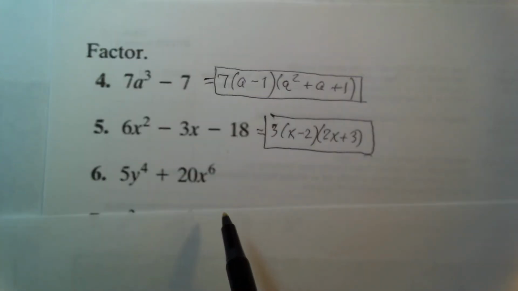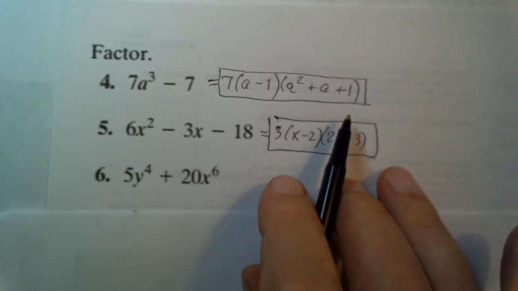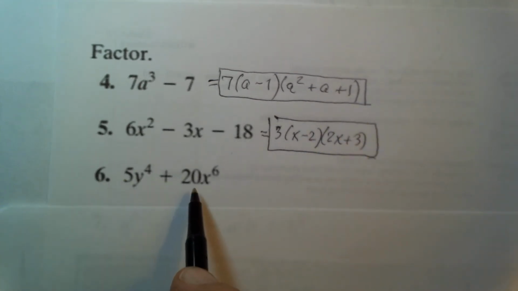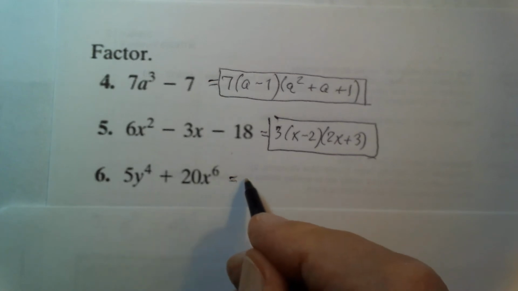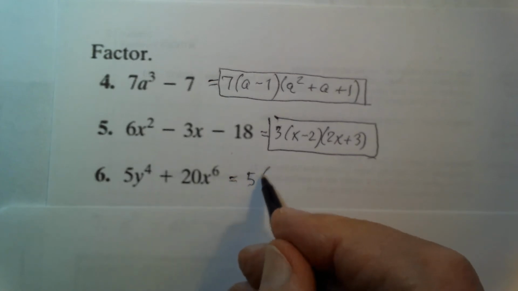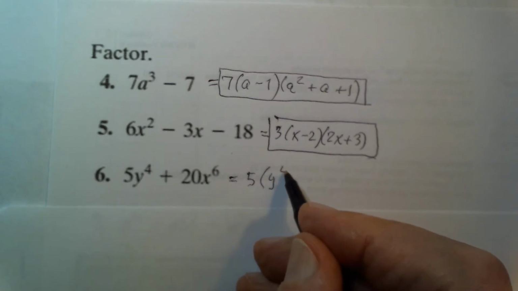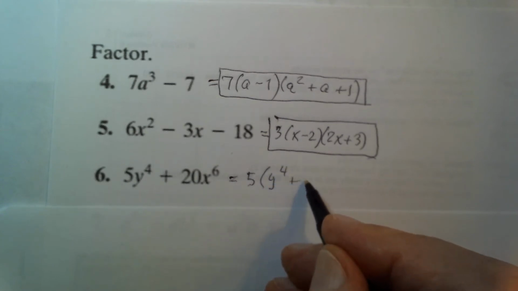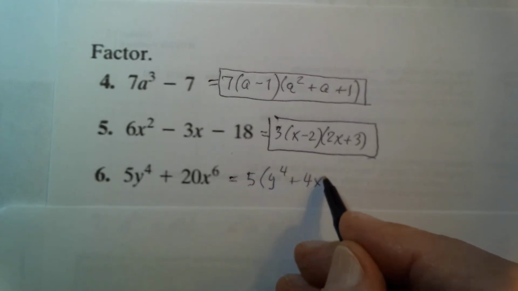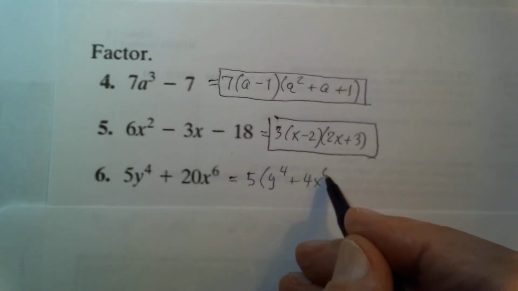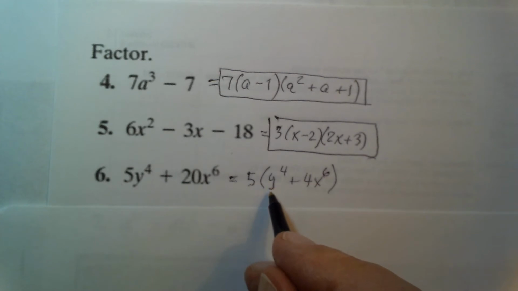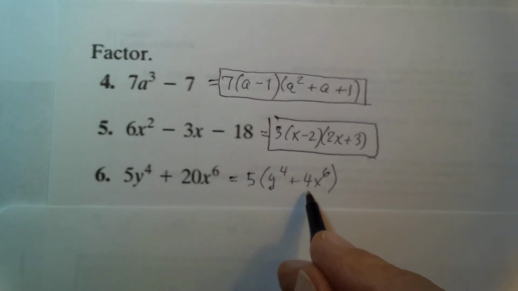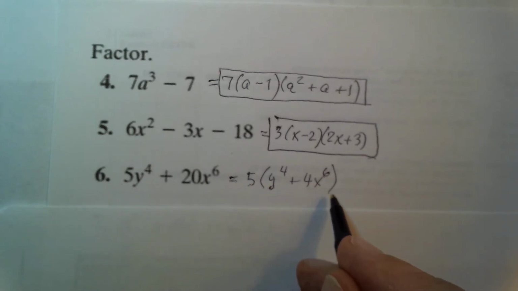So for the next exercise, number 6, we see that 5 is the greatest common factor for the coefficients. So we have 5 times y to the 4th plus 4x to the 6th. Now we realize that this could be written as y squared to the 2nd power, and this could be written as 2x to the 3rd.